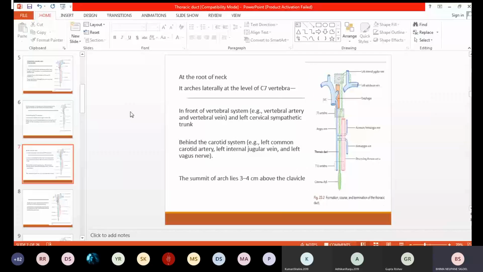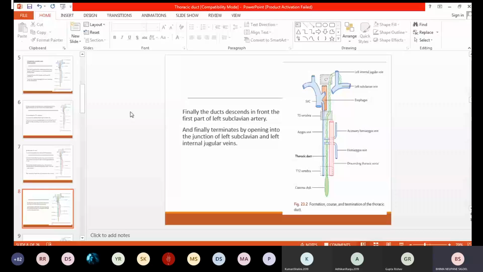So now finally the duct descends, okay. Before, I have also mentioned it first arches laterally upward and then again downward, in front of the first part of the left subclavian artery. So it descends in front of the first part of the left subclavian artery, and finally drains into the junction of the left internal jugular vein and the left subclavian vein.